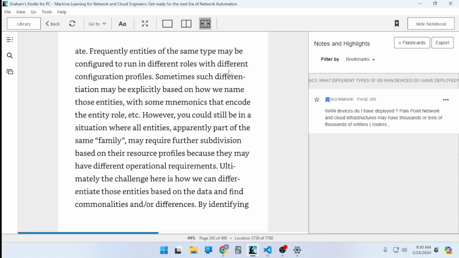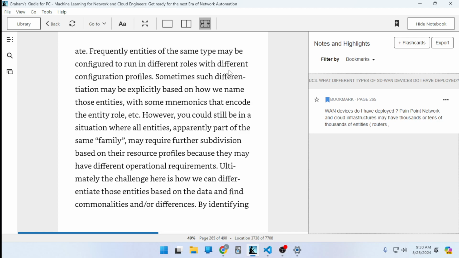Sometimes such differentiation may be explicitly based on how we name those entities, with some mnemonics that encode the entity role, etc. However, you could still be in a situation where all entities, apparently part of the same family, may require further subdivision based on their resource profiles because they may have different operational requirements.